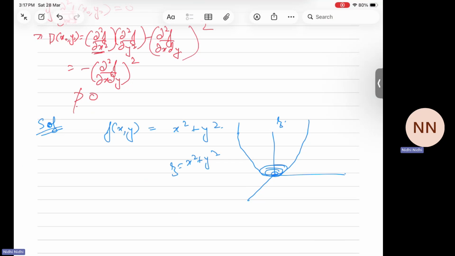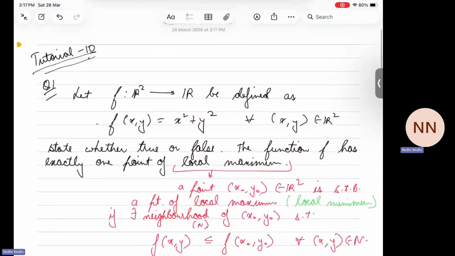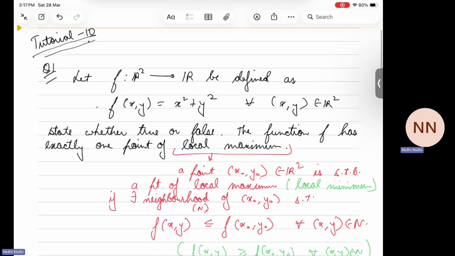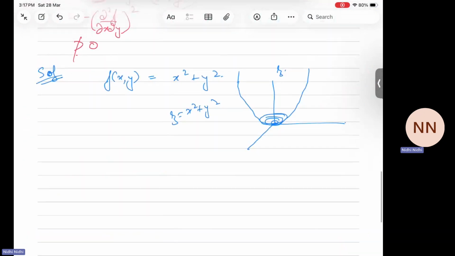But the statement given, the question said that the function has exactly one local maximum, which is clearly not visible through plotting the function. Further, if we want to use our standard methods, we start with the critical points. Let's look for the critical points.